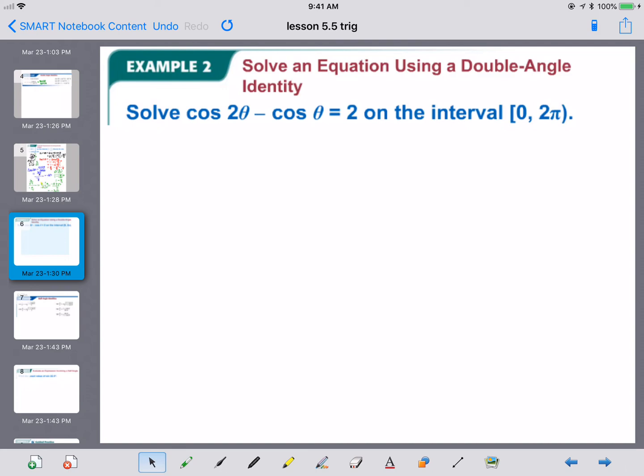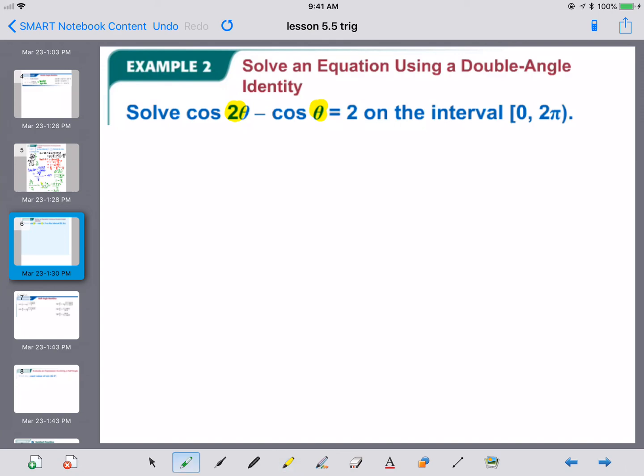So if you look at this problem, here's the issue. One of your angles is a 2 theta. One of your angles is a theta. They don't match. When solving a trig equation, you want the thetas to match, the angles to match, and you also want, if possible, to be either able to factor it or for the trig function to match.